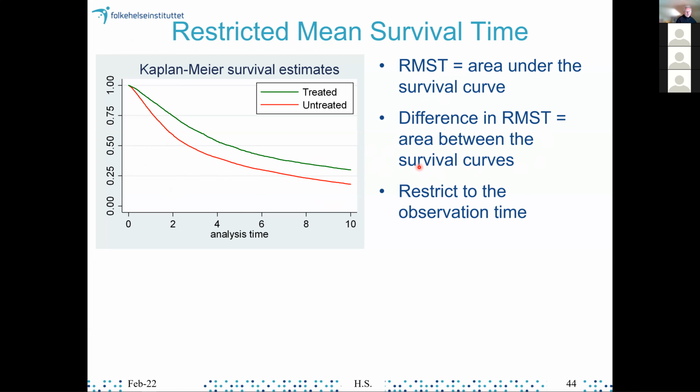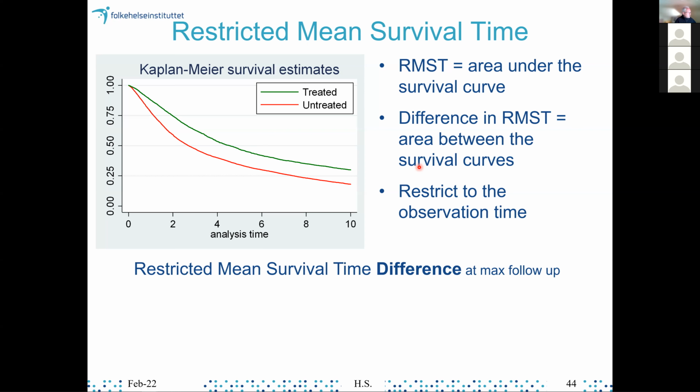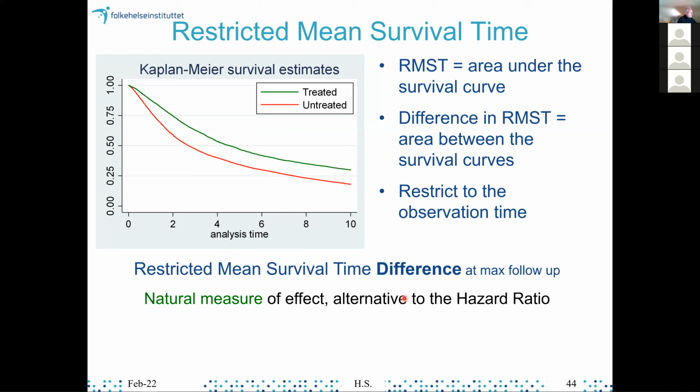It's restricted to the observation time because we don't know what's happening very later. So therefore, calculating the restricted mean survival time difference at maximum follow-up is a very natural measure of effect, and it's an alternative to the hazard ratio.